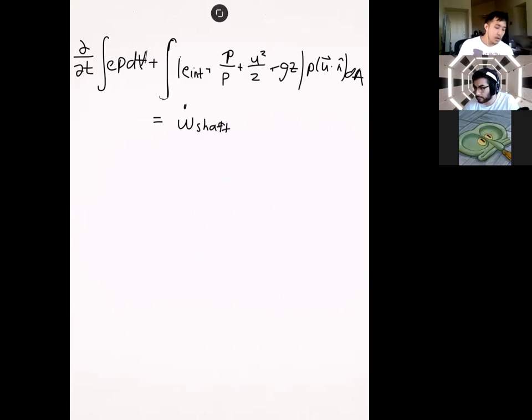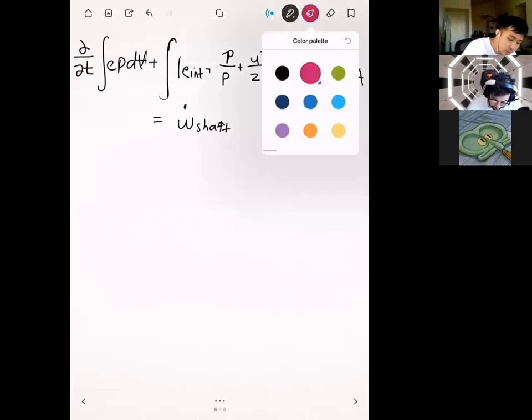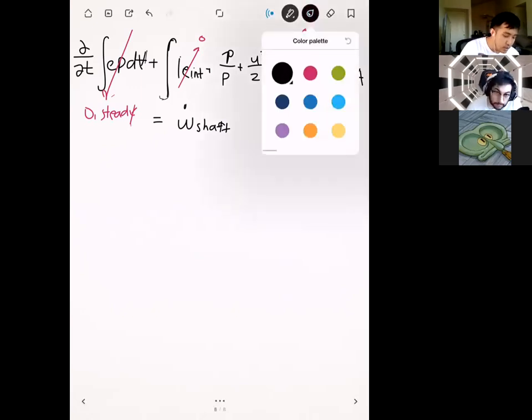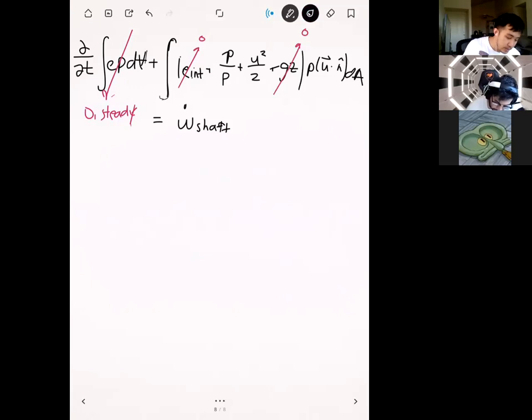Okay, so let's start crossing out some terms according to our assumptions. First of all, we have a steady situation, so we can cross out this term. Next, we assume that there's no change in internal energy, so we can cross out that. And we also assume that there's no change in height, so we can cross out that term too. After we perform these integrations, we get the following.